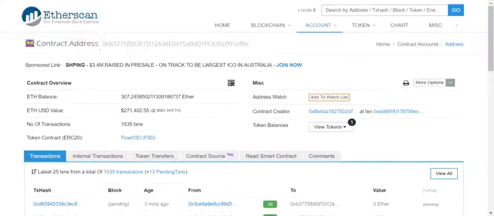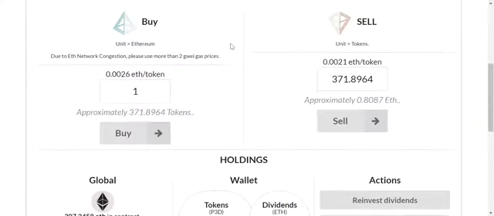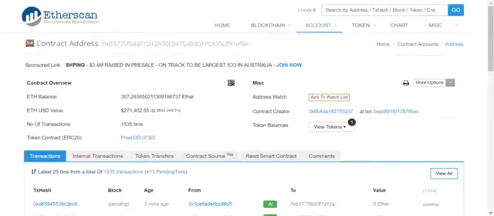Another thing is, you can transfer your tokens to someone else. Like I could send someone some of these tokens and they start earning dividends, so you can give them as a gift. You can transfer them to an Ethereum address and just hold them. I don't know why you would do that, but you can.